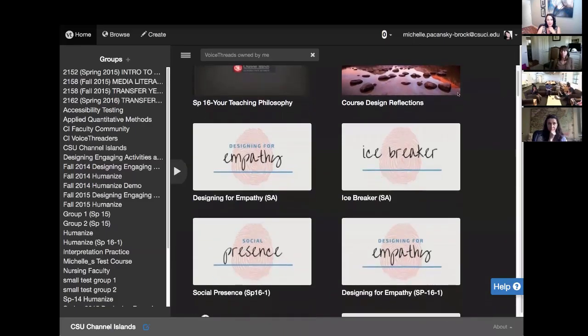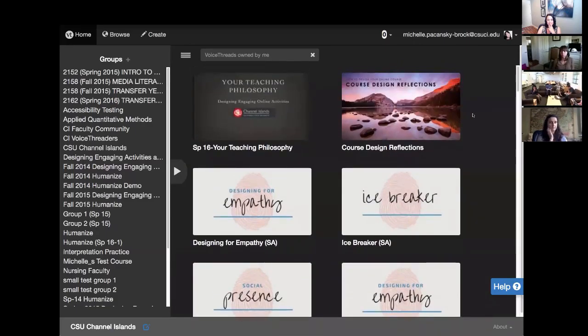Right. I usually link to the whole course. That way, as we do more VoiceThread, they always see the whole picture. Okay, well in that case, then it doesn't really work. Is it better to do just individual VoiceThreads versus the whole course view? It's simpler, in my opinion. I think it's completely up to you.